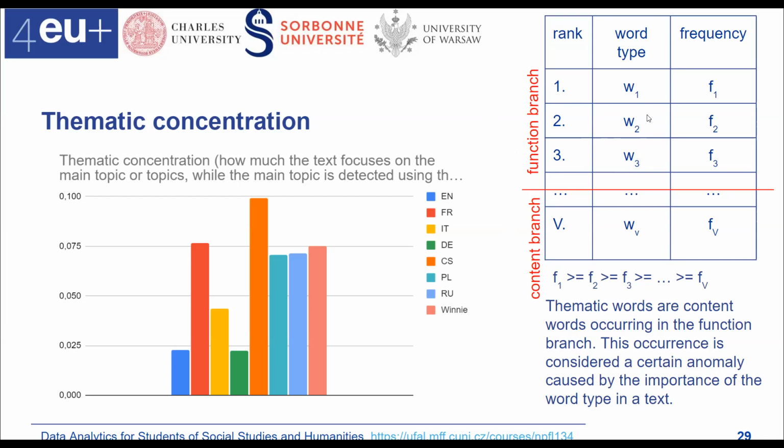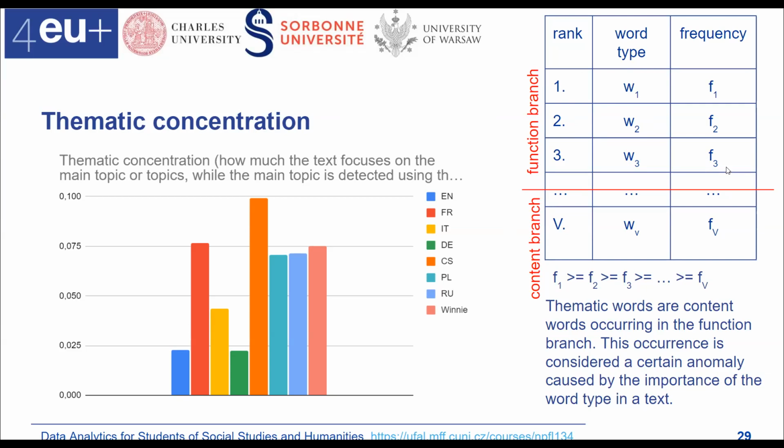So for sure, in the part above the line, we observe more function words. Right? Typically, the frequencies of conjunctions and prepositions are higher than the frequencies of content words in general. But it can happen that in this part, we observe some content words.